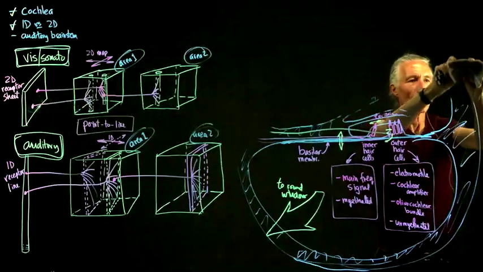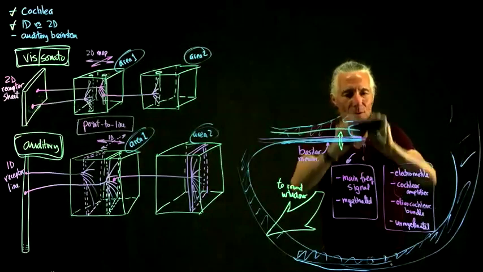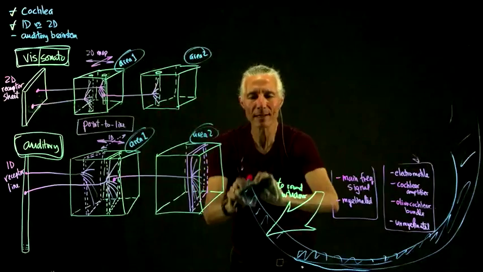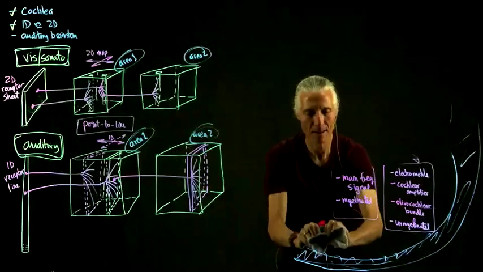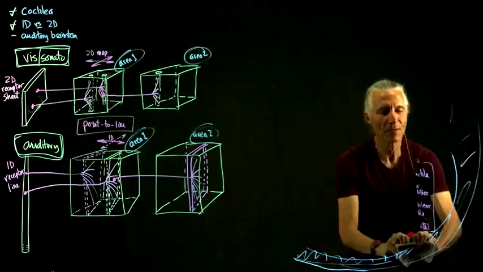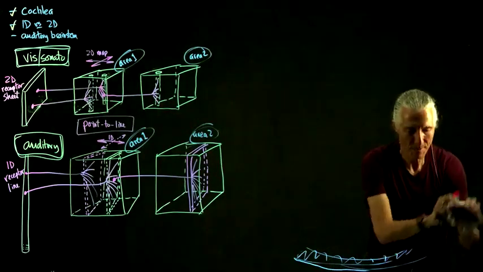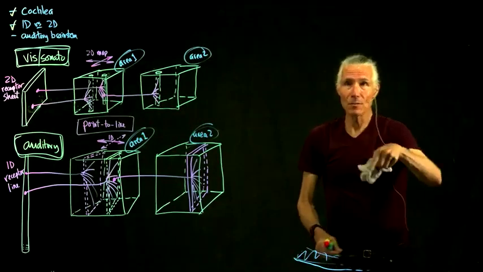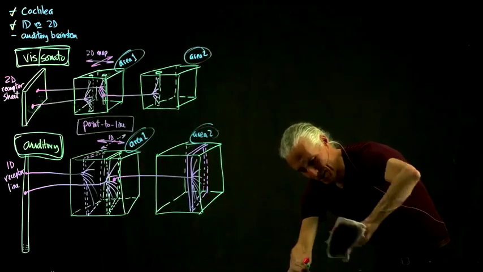It's just a signal from different parts of this line of hair cells, as opposed to the retina, where it's coming from different points on a two-dimensional sheet. Now, we'll find out that the auditory system can actually make a two-dimensional sheet. When we talk about making an auditory map of space, you need 2 dimensions, and the auditory system can do this. But it's starting off with 1 dimension.